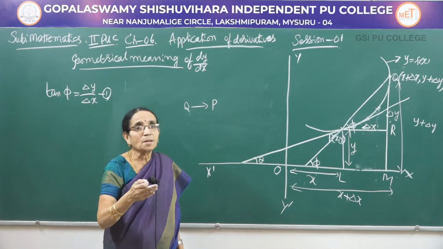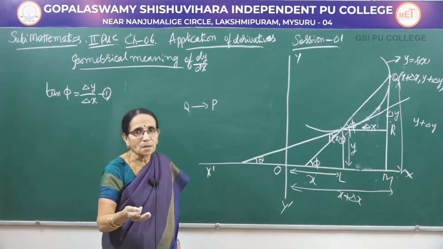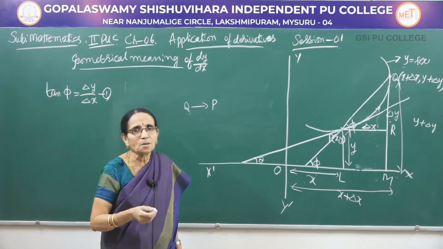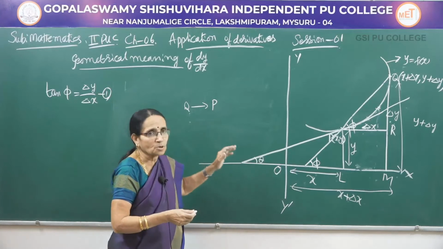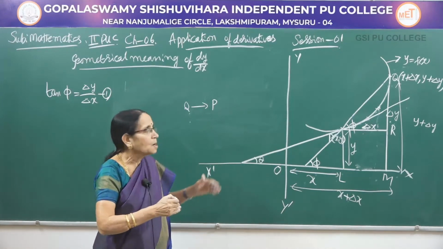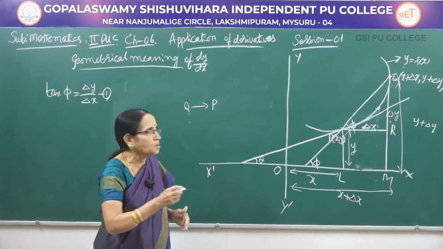When we started with the study of limits, this is the word we use, as x tends to a, y tends to b, like that we say, isn't it? So, as Q tends to P, in other words, as Q approaches P, that is the meaning, but mathematically we say as Q tends to P.